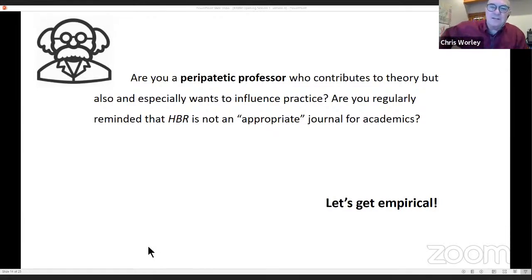Still recognizes that the work they're doing could be applied, and wants to think of a way to work from left to right on that diagram in the knowledge generating network. So those are kind of our audiences.